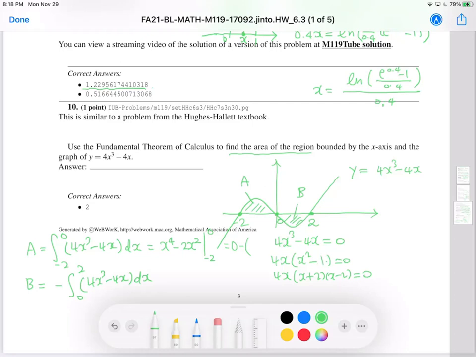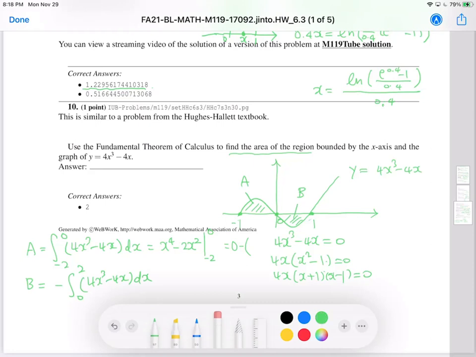So this is 4x cubed minus 4x, and x plus 1, x minus 1. So the intersecting points are negative 1, 0, 1.